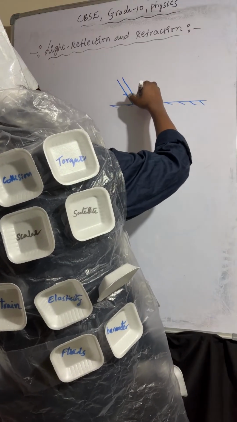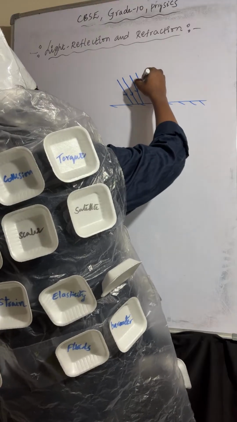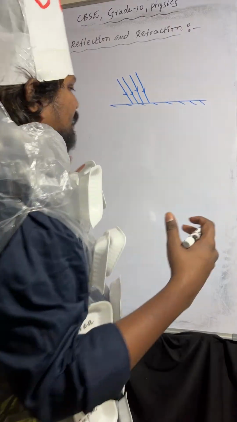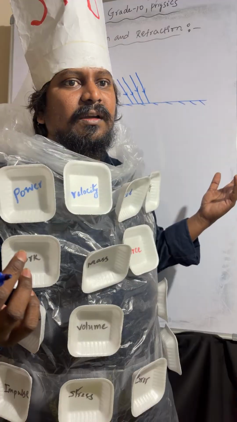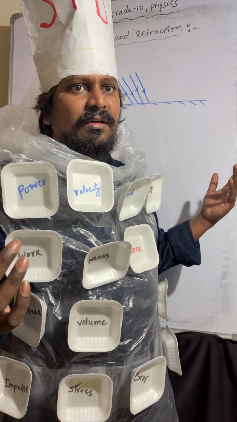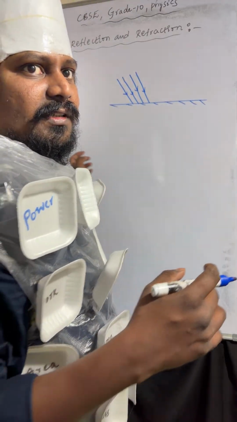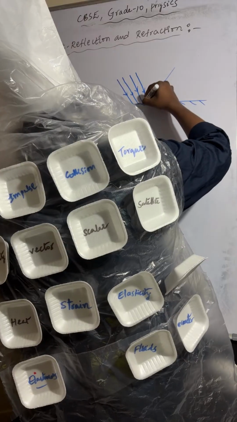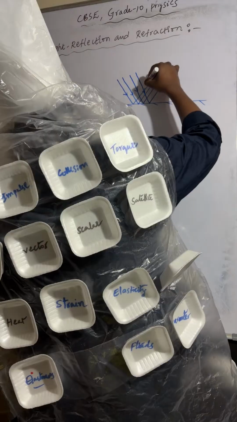Incident light rays are parallel to each other, then reflected light rays are also parallel to each other. That is called regular reflection.